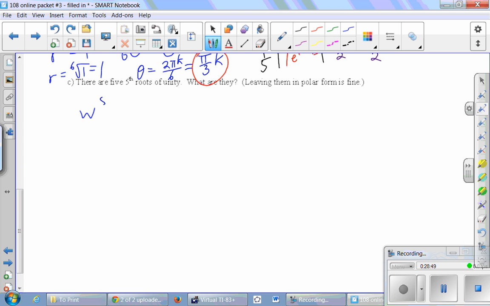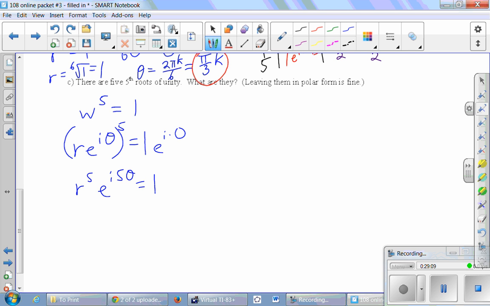So here we want fifth roots of unity. So some number to the fifth is supposed to equal 1. Change that w to a generic number in polar form, changing the 1 into its polar form. Oops, lost the 5. 5 comes in: r to the fifth, e^(i·5θ).